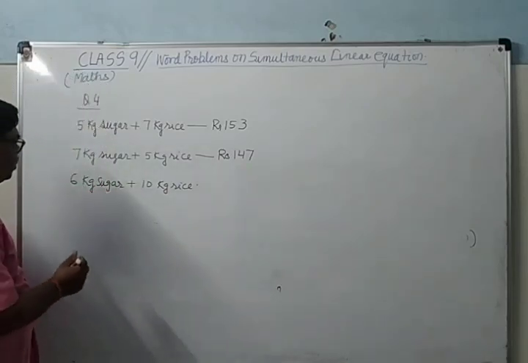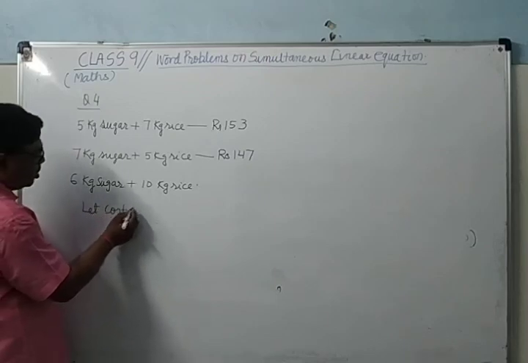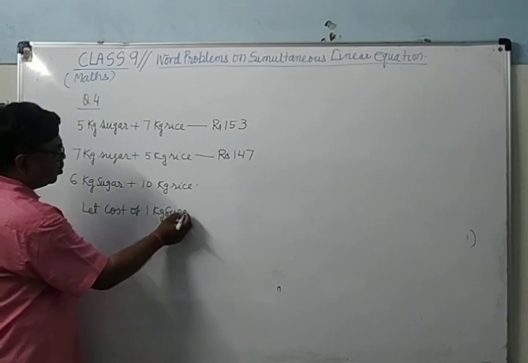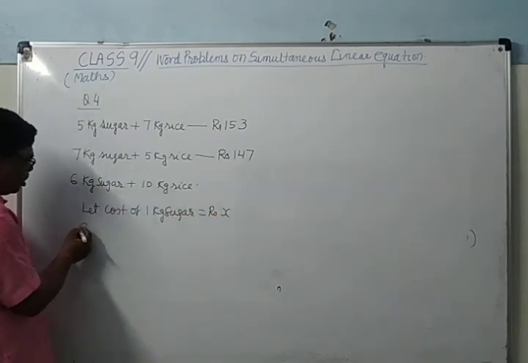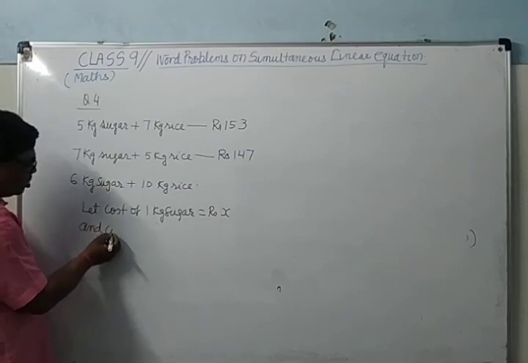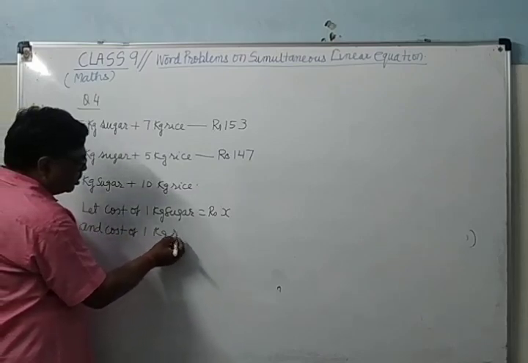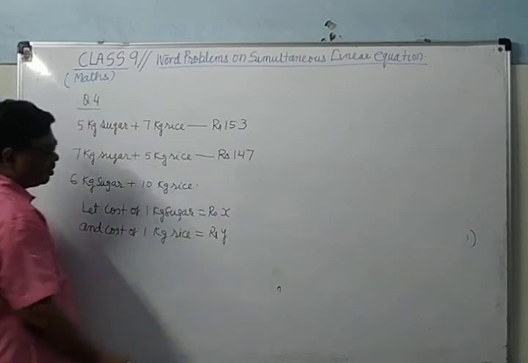So you assume, let the cost of 1 kg sugar be rupees x, and the cost of 1 kg rice be rupees y.